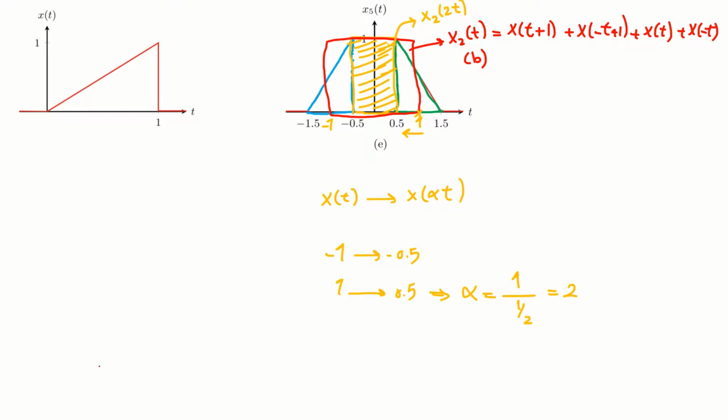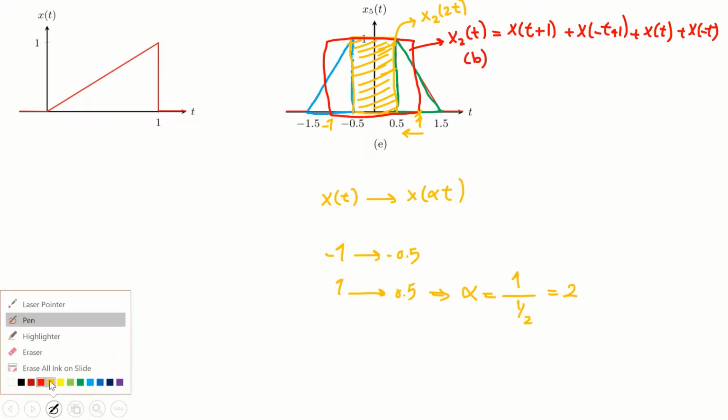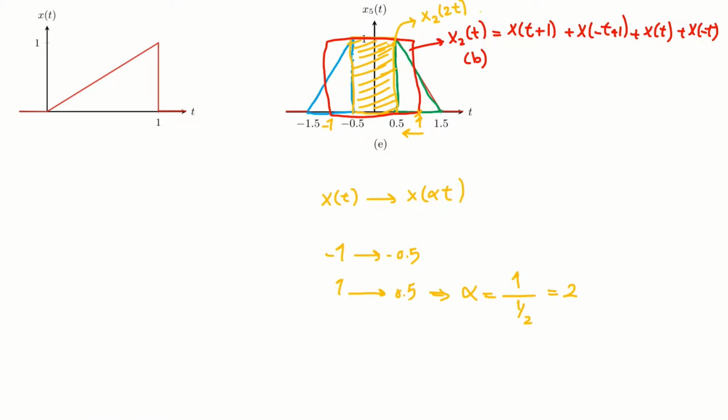So that means this yellow part can be written like this: I replace all these t by 2t, the scaled version. x(2t+1) plus x(-2t+1) plus x(2t) plus x(-2t). So we've found the expression for this yellow part.